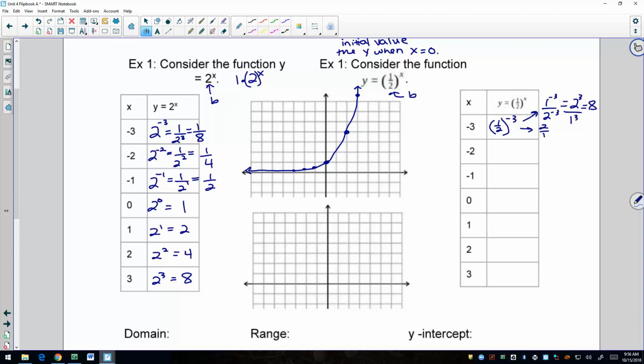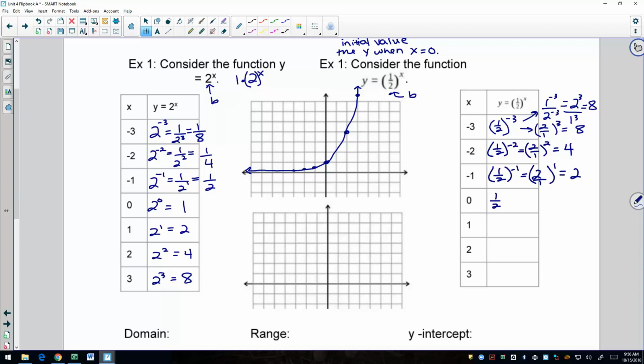So it'd be 2/1 to the positive third, which is 8. So either way. So 1/2 to the negative second would be 2/1 to the positive second, which is 4. 1/2 to the negative 1 would be 2/1 to the positive 1, which is 2.